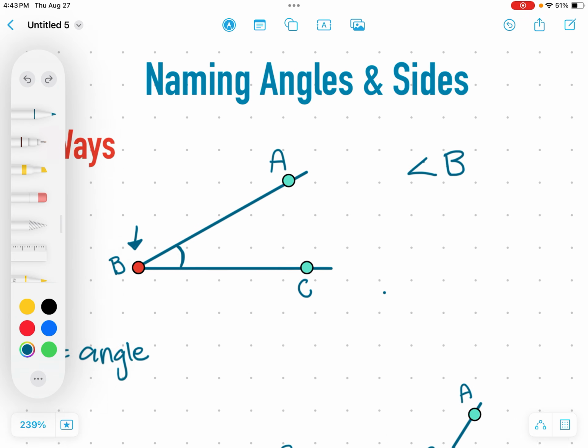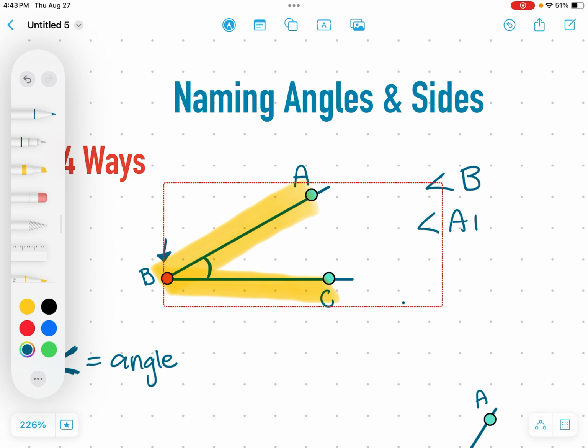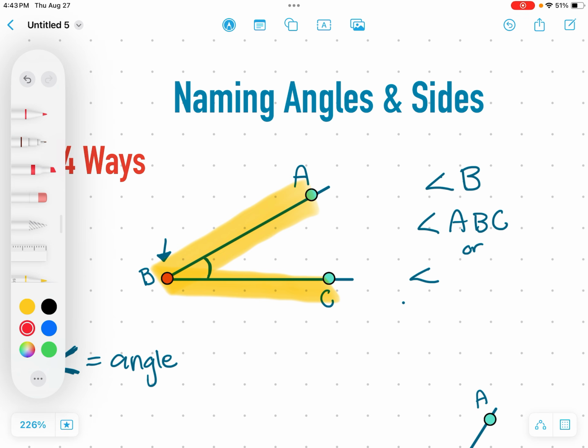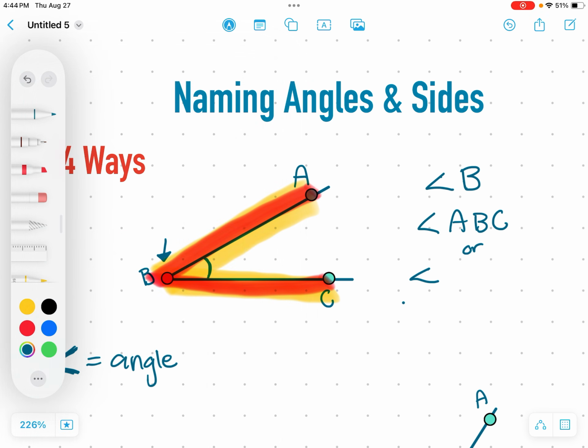The long way would be using all of the points in the angle, kind of like you're connecting the dots. So we could say angle A, B, C, or you could say it the other way, angle C, B, A. But the most important thing that you would have to pay attention to and remember is that the vertex is in the middle.